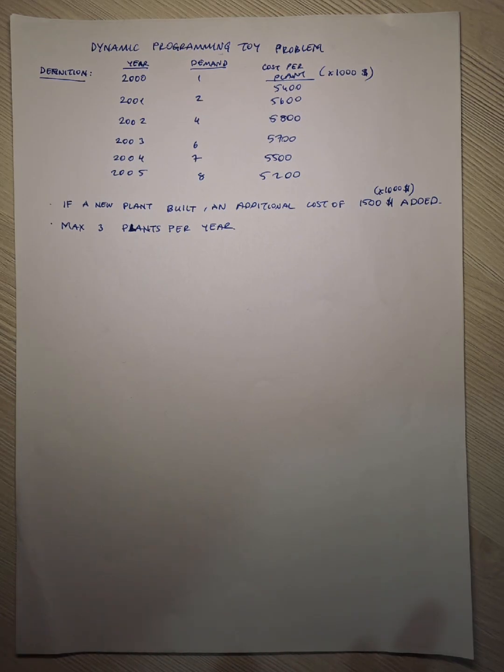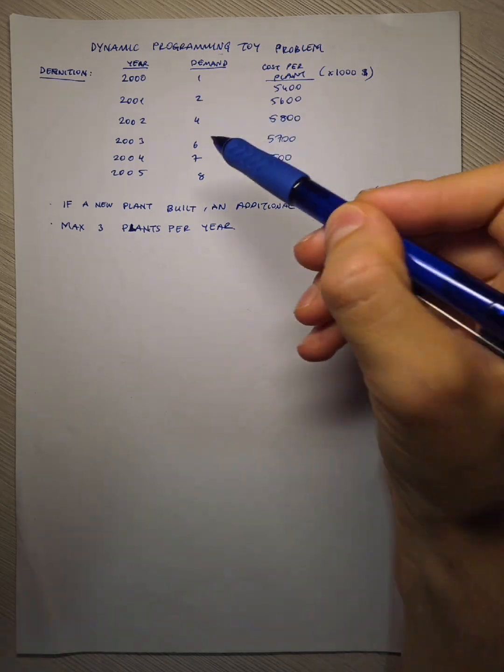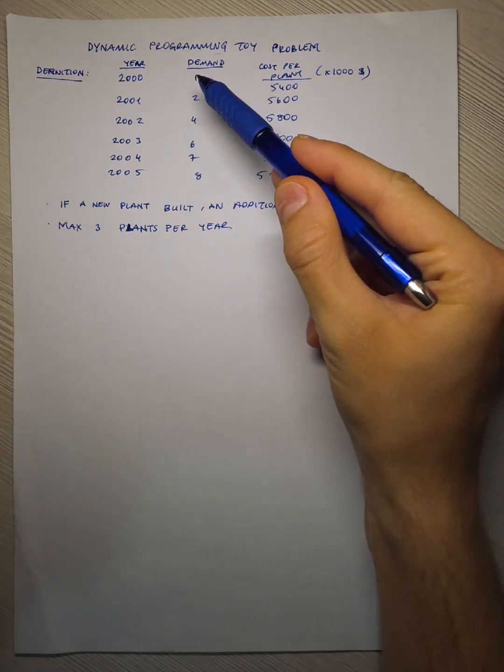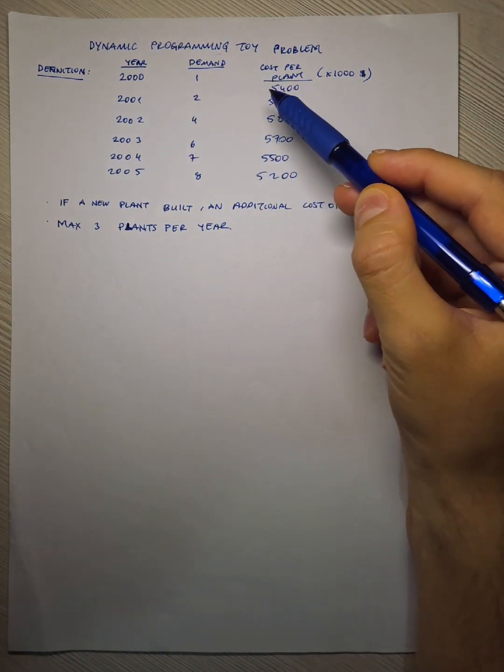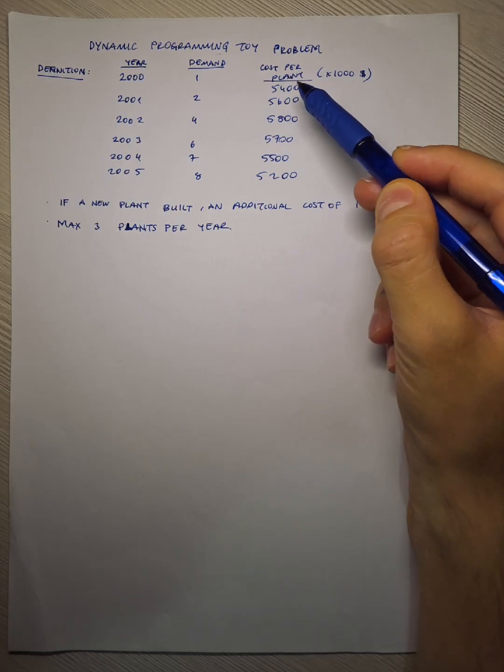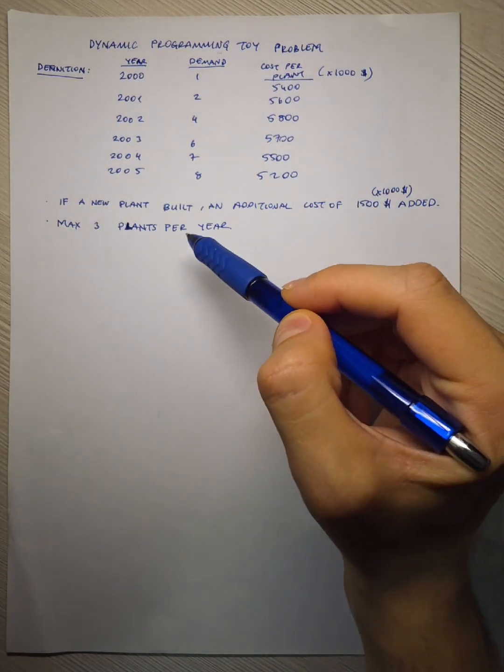Okay, the problem is there is an electric power company, and they are planning a large investment in power plants over the next few years. So in total, they will build 8 power plants in the next 6 years. In this problem, we know the demand of this region per year, and also the cost of these power plants changing over years.